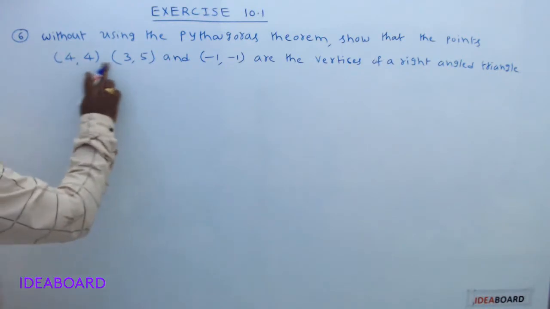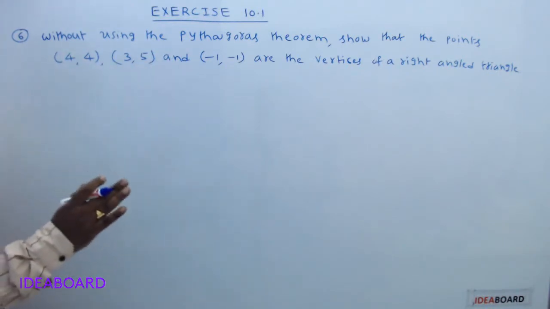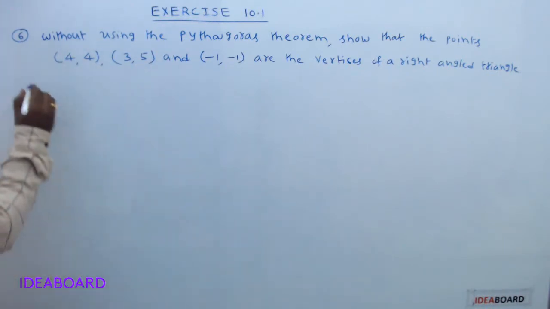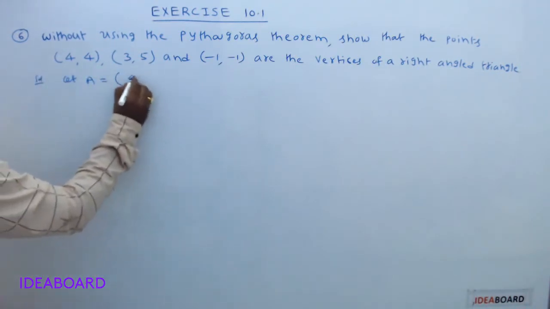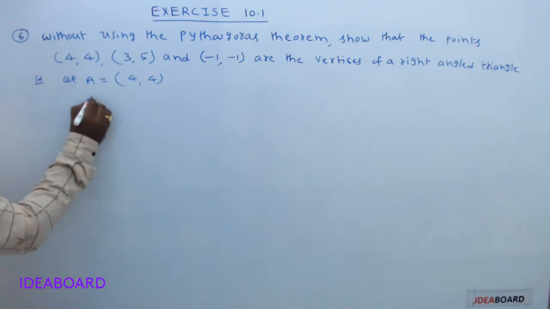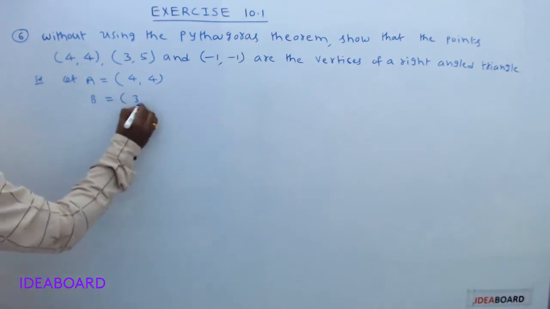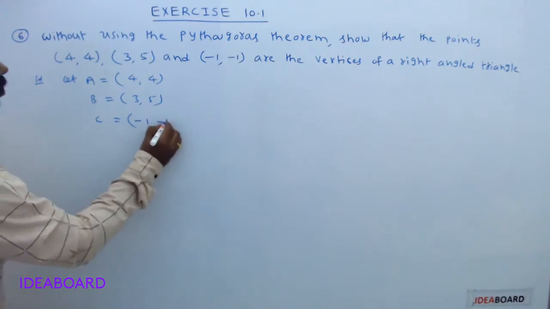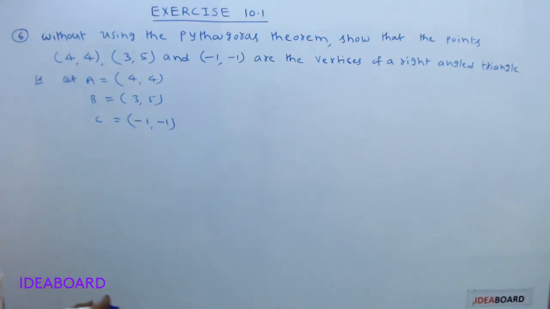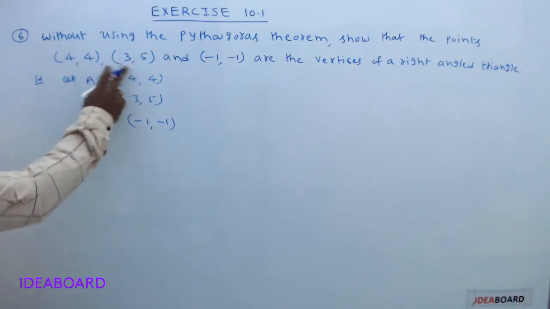First denote the given 3 points with A, B and C. Let A equal to (4, 4), B equal to (3, 5), C equal to (-1, -1). Now first calculate the slope of line AB.